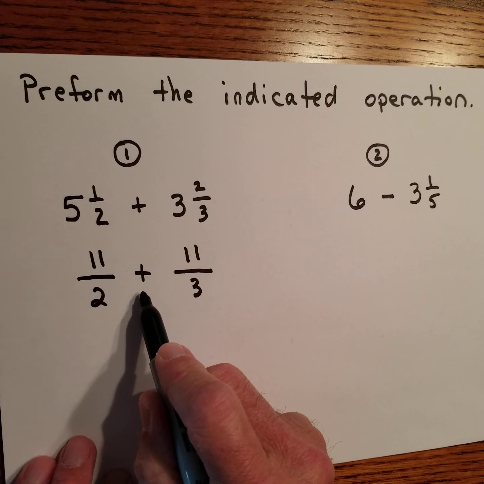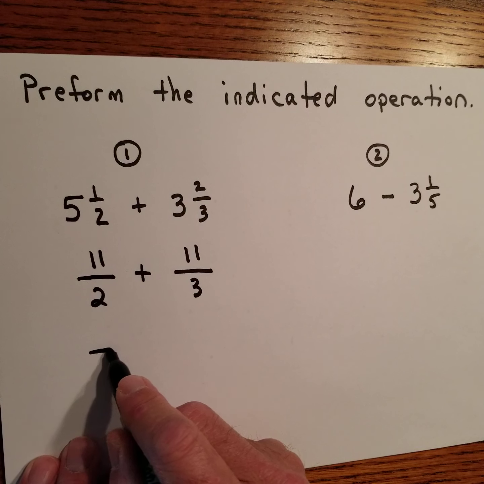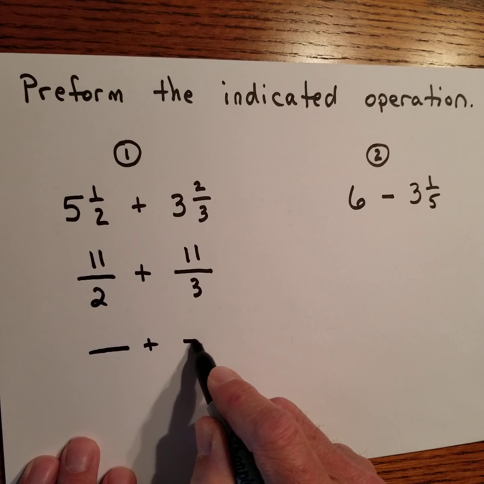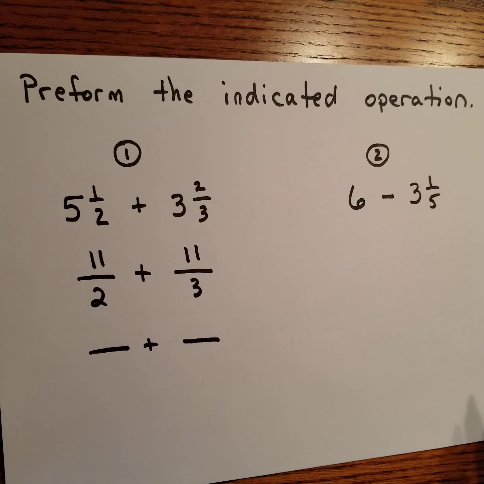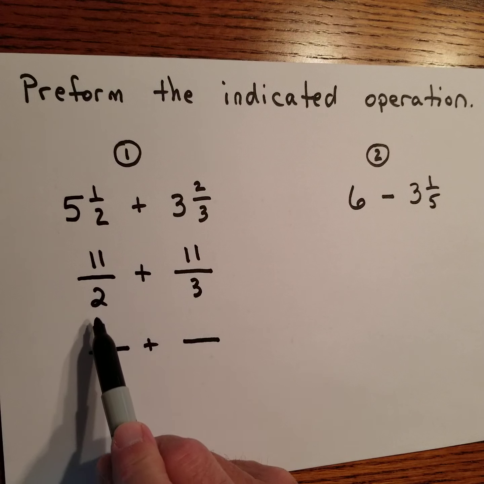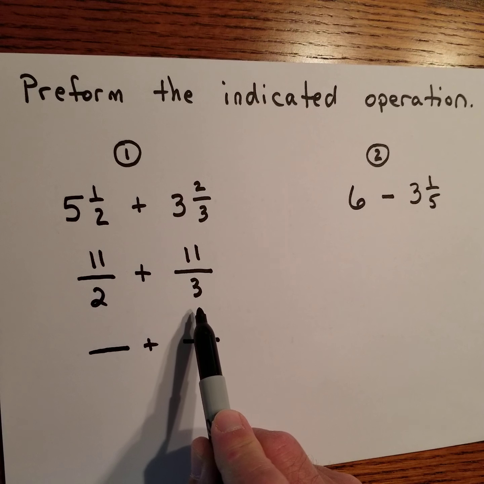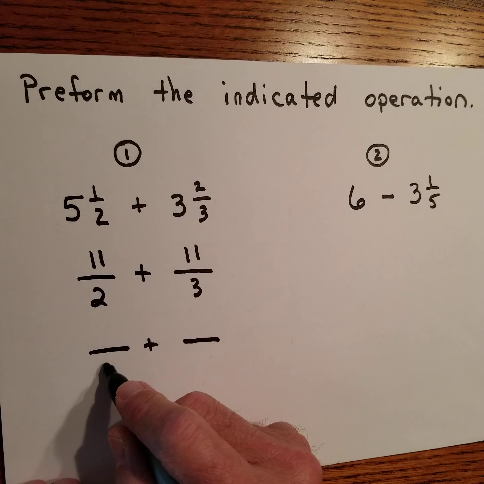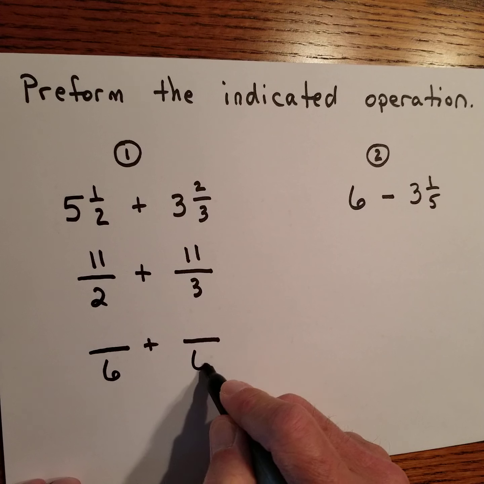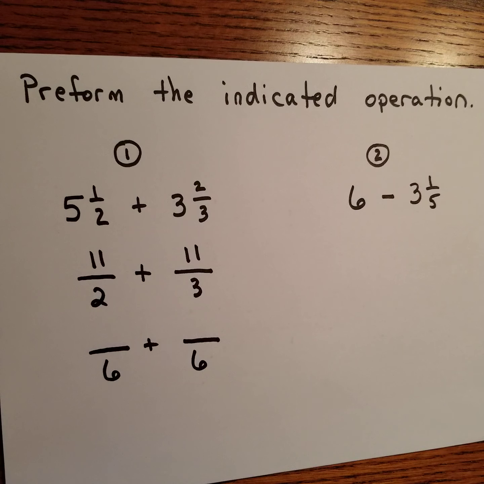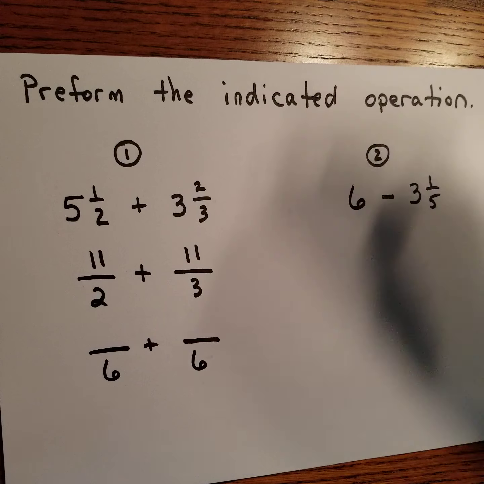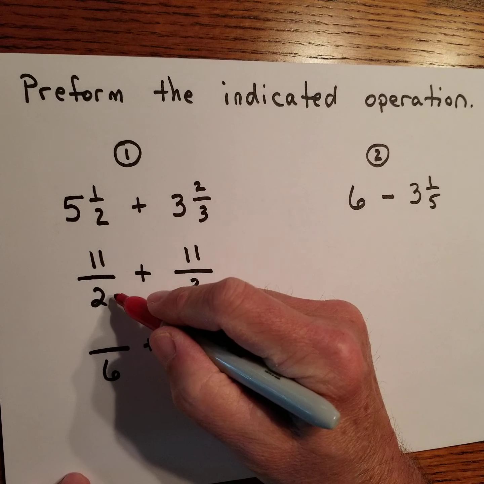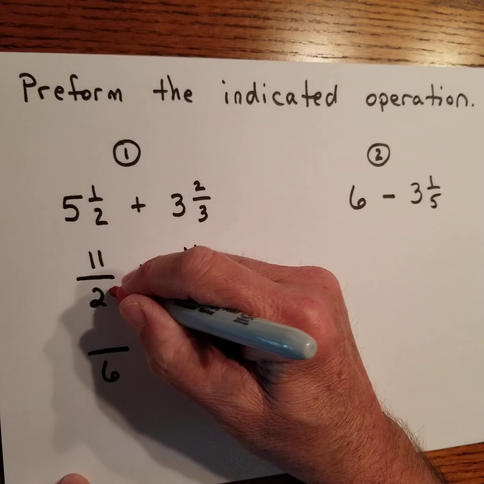Now I know when I add fractions, I must have a common denominator. To get my common denominator, I first check to see if 2 and 3 are consecutive numbers. Since they are, all I have to do is multiply them together to get my common denominator. Now for the numerator. What do you multiply times 2 to get 6?